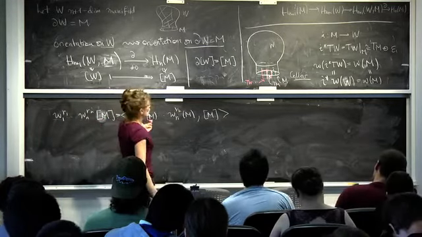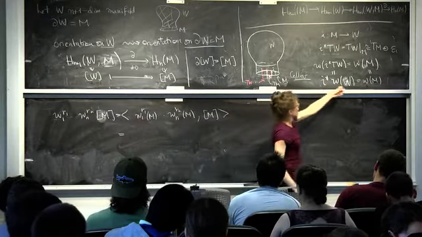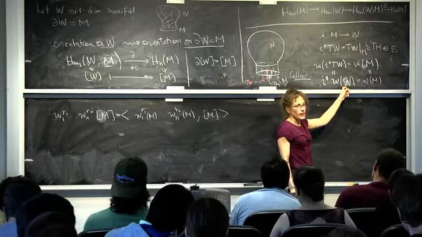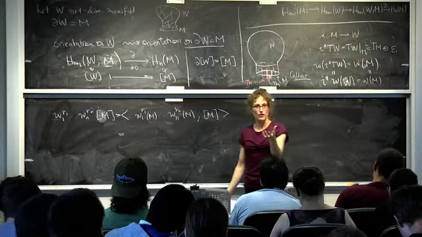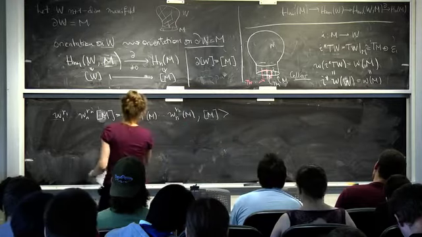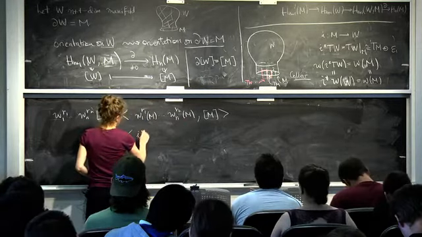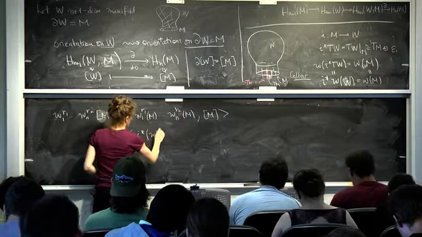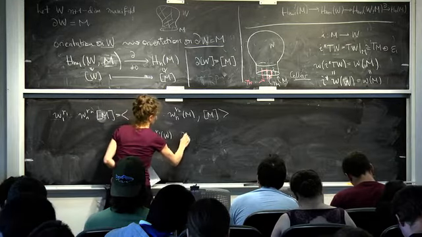Each of these is the pullback of the thing for W, and i star is a ring homomorphism. So that's the same as saying I'm going to pull back the same thing, but for W.